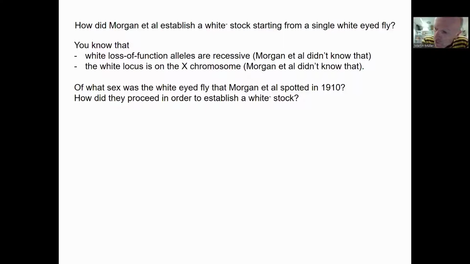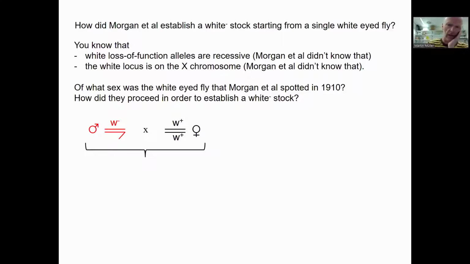But you are right, you have to cross it. I mean, Morgan didn't have anything else. He had this one white-eyed fly and a ton of wild-type flies which have red eyes. So basically, he would have collected virgins and crossed it with this white-eyed male. That is sufficient. So this would be the cross he would have established.